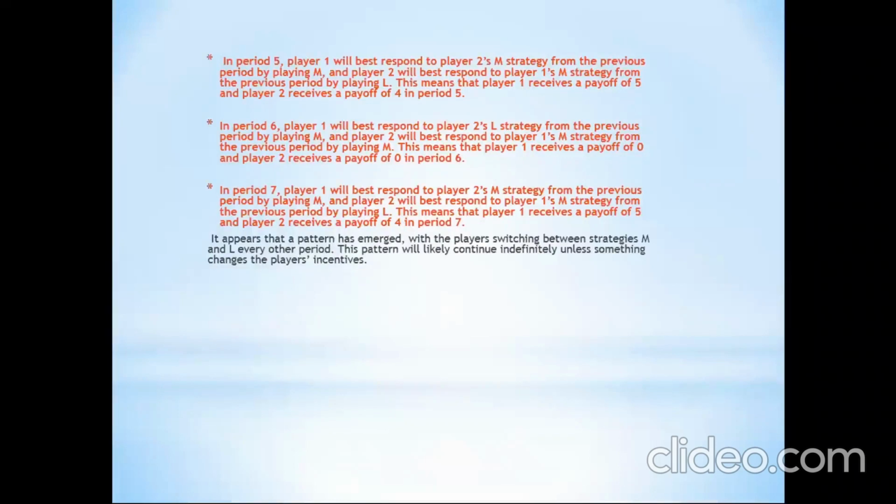Thank you, Dilshani. In period 5, player 1 will best respond to player 2's M strategy from the previous period by playing M, and player 2 will best respond to player 1's M strategy from the previous period by playing L. This means that player 1 receives a payoff of 5 and player 2 receives a payoff of 4 in period 5.